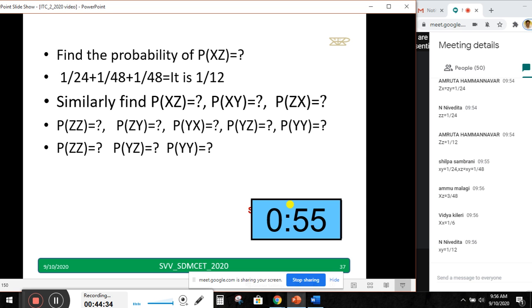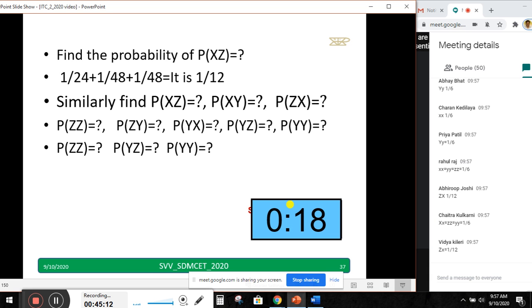XX Vidya 1 by 6, XY 1 by 12 Nivedita. Spurti XX 1 by 6, Abhay Bhatt XZ ZX 1 by 12. ZX 1 by 12, Simran XX 1 by 6, Rohit XX 1 by 6, ZX Jannavi 1 by 12, Sripad 1 by 12, ZX XZ XY ZX, Spurti 1 by 12 ZX.